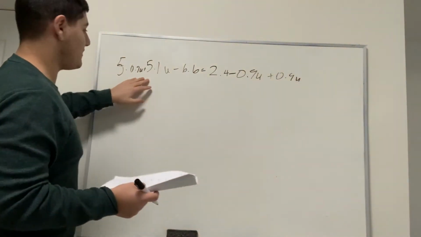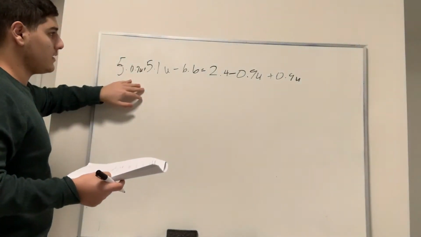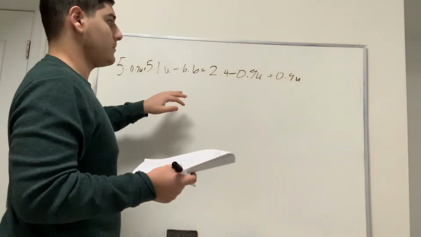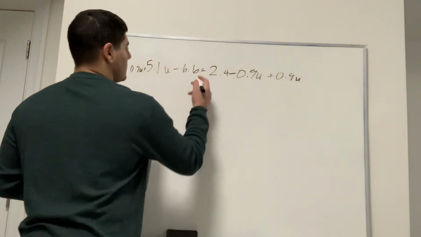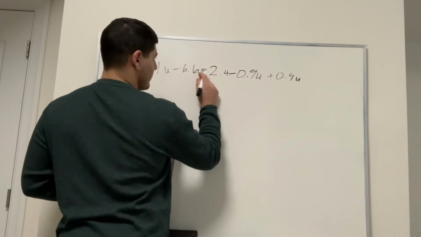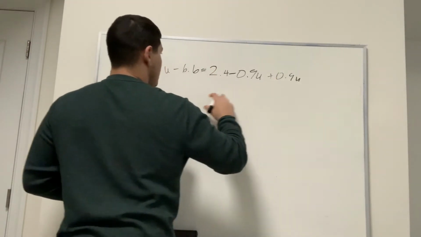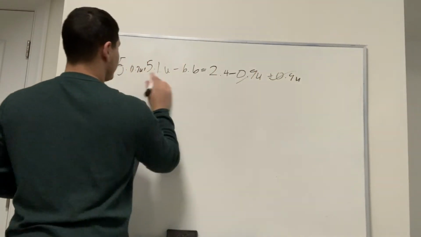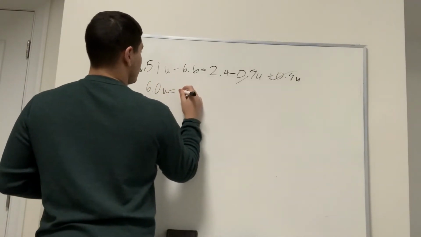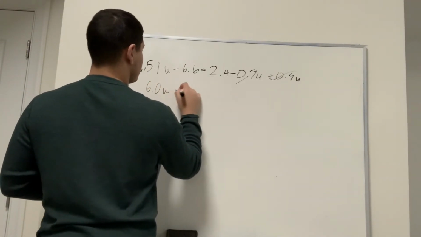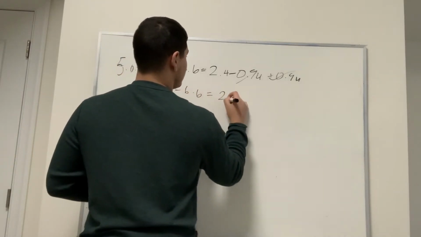And then you have to do the same thing to this side to not change the problem, right? To not make the equation not true. So you would make this not true if you only added it to here. So this would cancel, and then we moved it over here. So you have 6u, and then minus 6.6 equals 2.4.